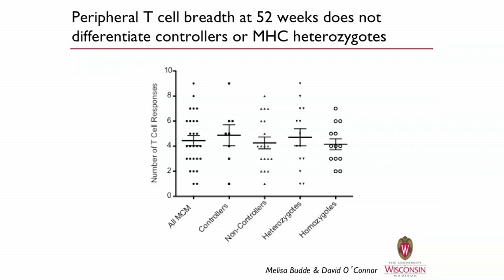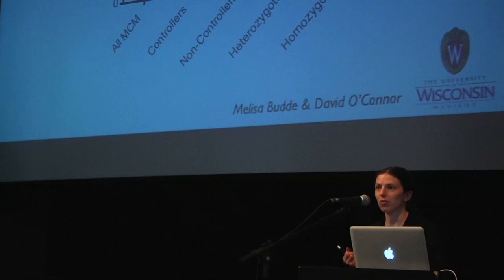If you look at all Mauritian cynos that we've been studying, controllers, non-controllers, heterozygotes, homozygotes, they all seem to have about 5 CD8 T cell responses at a year after infection. So there's no obvious difference in the number of CD8 T cell responses made in these animals at this late time point.